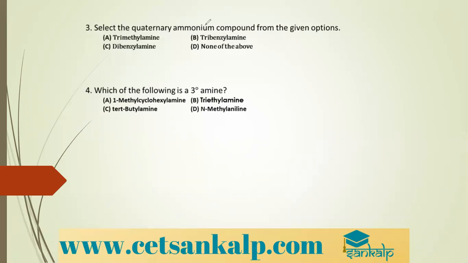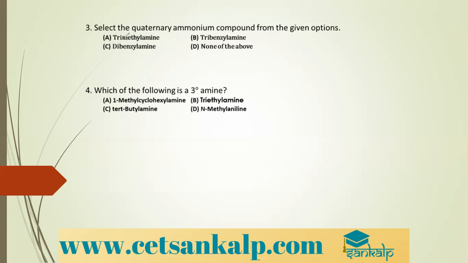Select the quaternary ammonium compound from the given options. The first is trimethylamine, second is tribenzylamine, third is dibenzylamine, and last is none of the above. There is a slight mistake in the options.